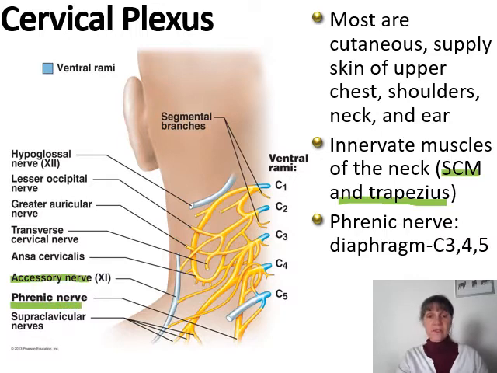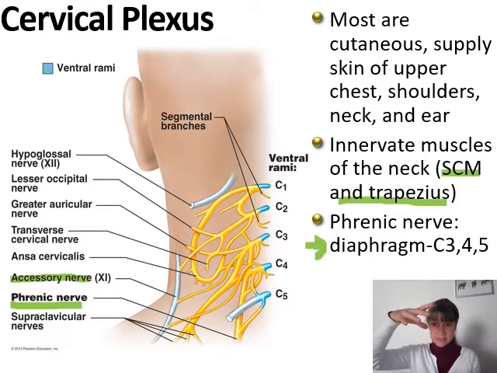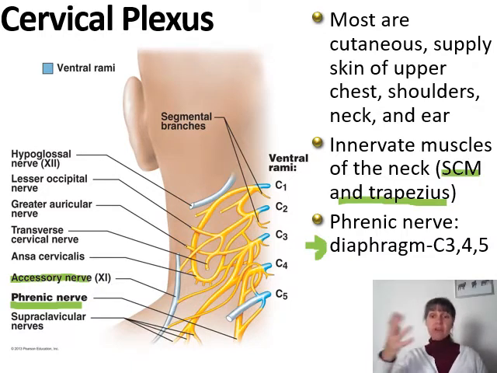The phrenic nerve, and this is something I do want you to know, innervates the diaphragm, which is the muscle that helps you breathe, because when it contracts, it moves downward, increasing the area within the thoracic cavity to decrease pressure, so air flows passively in from high pressure to low pressure down its concentration gradient. The diaphragm is innervated by the phrenic nerve that comes from the ventral rami of C3, C4, and C5. We used to say C3, 4, 5, keep the diaphragm alive.